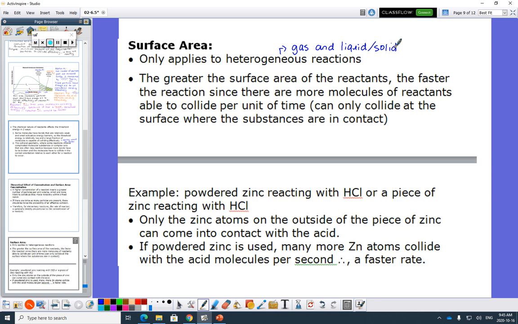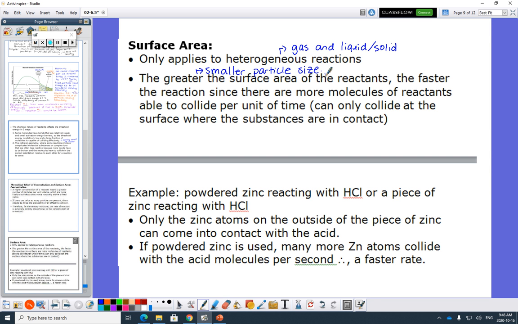So the greater the surface area of the reactants, which is weird to think of, but it relates to the size of the piece. The more particles you have, the more surfaces you have available for collisions to occur.